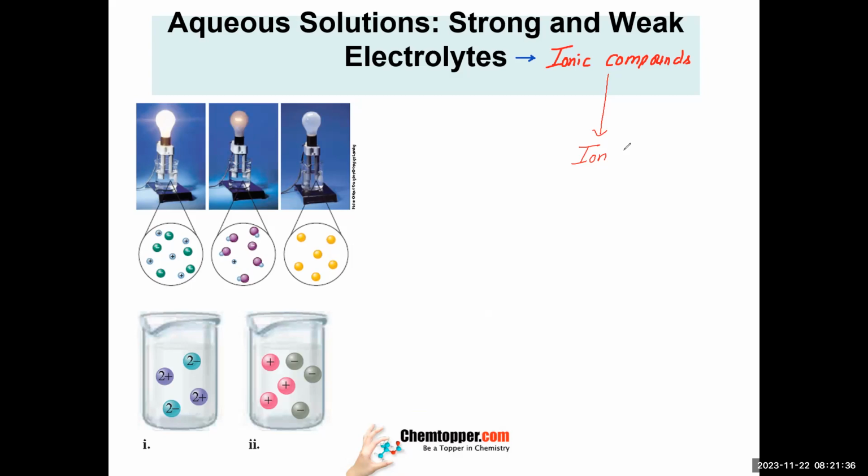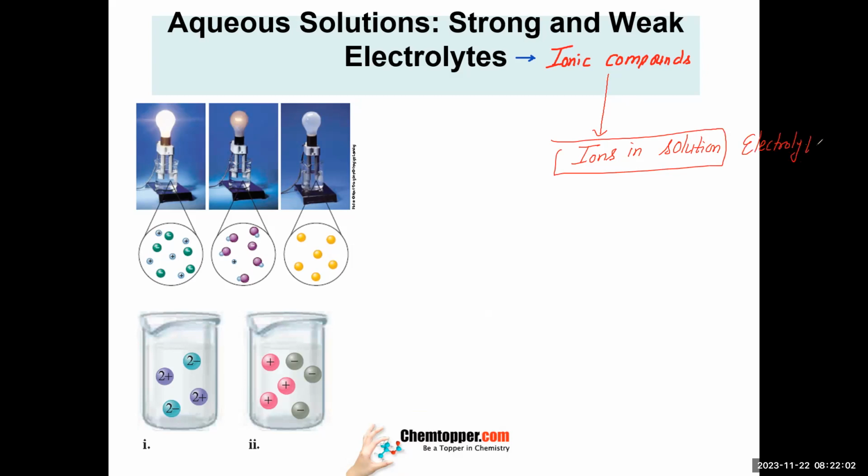We add some sugar also just to make it tasty, but sugar is not an electrolyte. So ionic compounds contain ions and give ions in the solution. This solution is called an electrolyte.